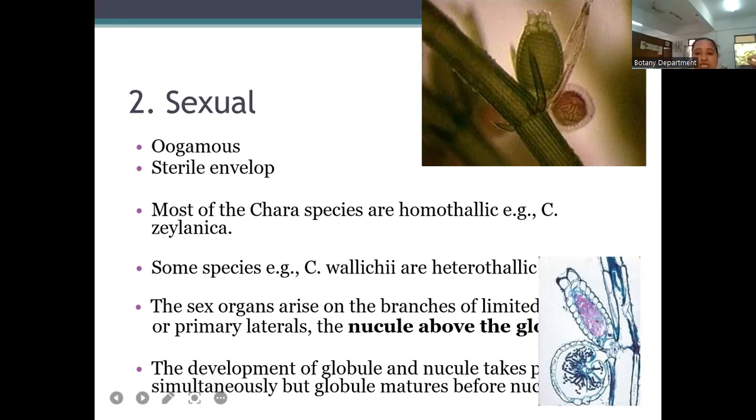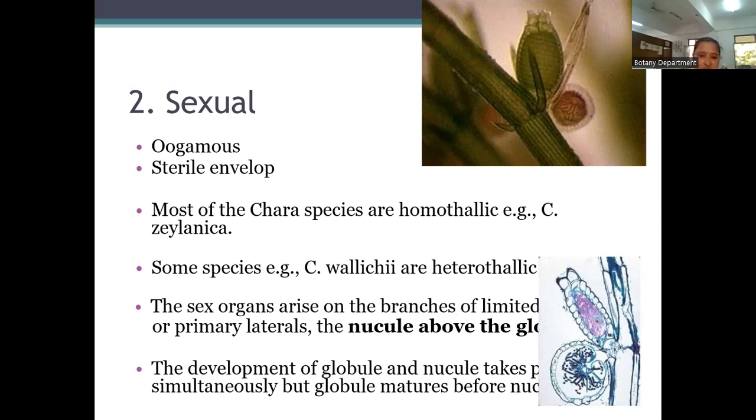Homothallic, the best example is Chara zeylanica. Heterothallic, the best example is Chara wallichii. Here the examples are most important, and the names. The male reproductive organ is called globule. The female reproductive organ is called nucule.